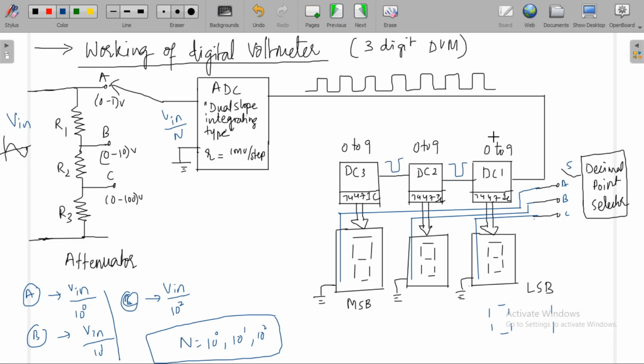So this DC1 counts from 0 to 9, this also counts from 0 to 9, and again this also counts from 0 to 9. So this will display from 0 to 9, this also displays from 0 to 9, and this also displays from 0 to 9.